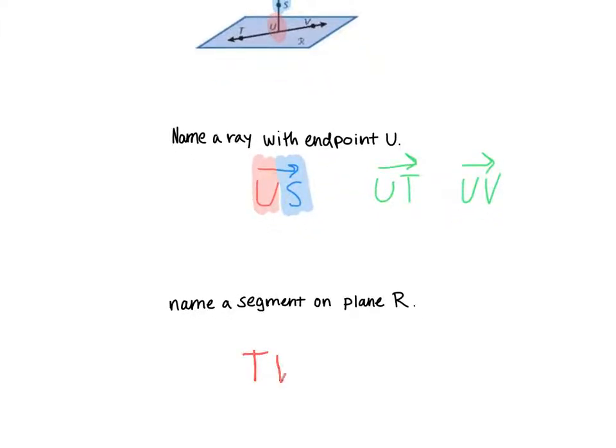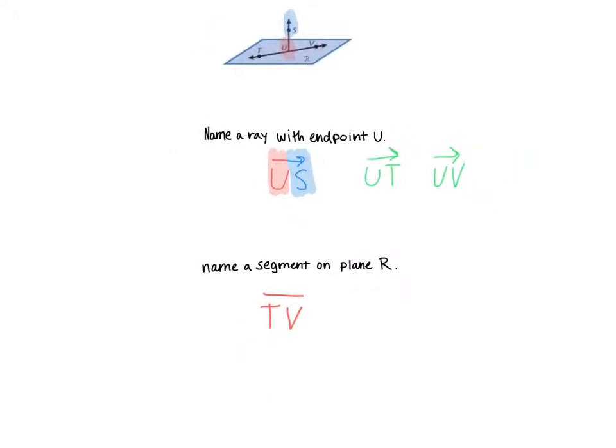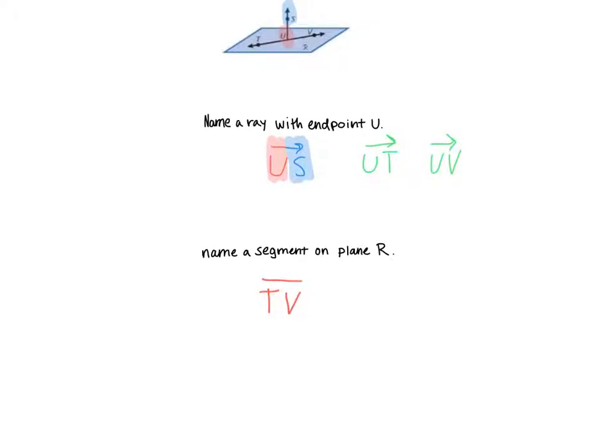T, V. And we put a segment on top. So rays have a ray on top that starts with the endpoint. Segments are named by 2 endpoints. And lines are named by 2 points on the line.